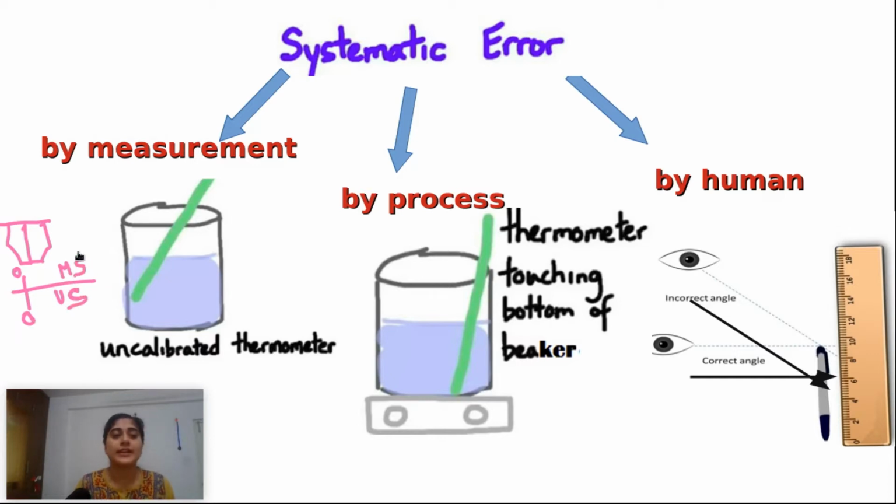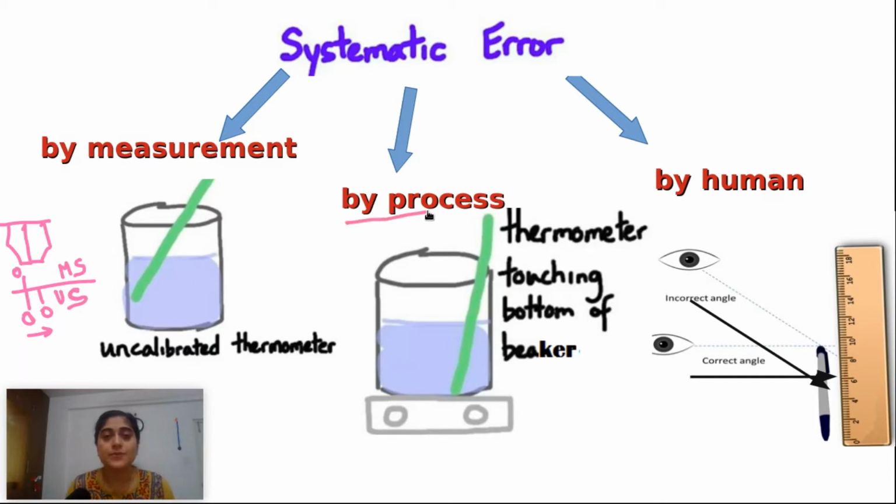But if the zero line of the vernier scale is shifted towards the right or left, and we are not adding or subtracting this error value to the true value we are measuring, then this type of error is shown, as I explained for the vernier calipers and the screw gauge. If we are not calibrating these instruments and not adding or subtracting the error, the measurement will give you some error, but it will be systematic: all the time it will give the same type of wrong value, whatever the difference is. So here also it is like that.